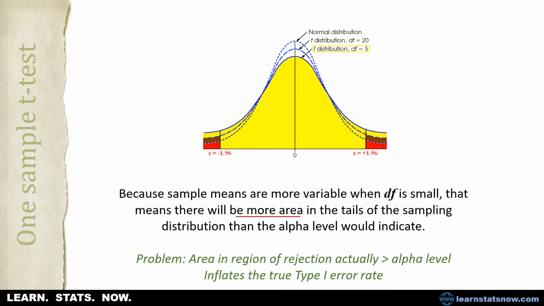And so the problem we run into is that the area in the region of rejection is actually greater than the set alpha level. This has the effect of inflating the true type 1 error rate.